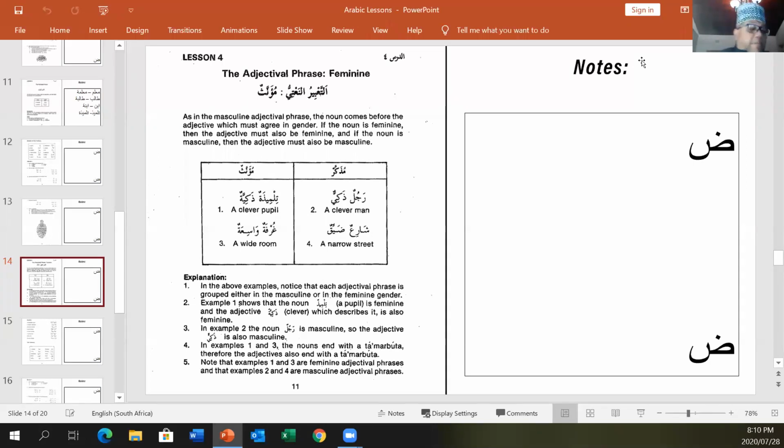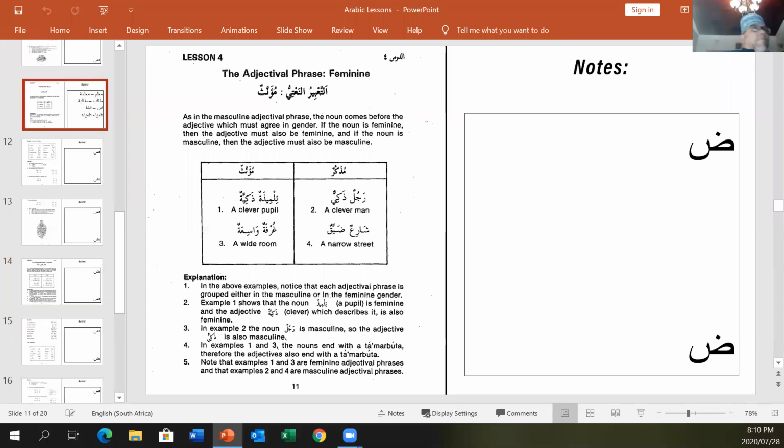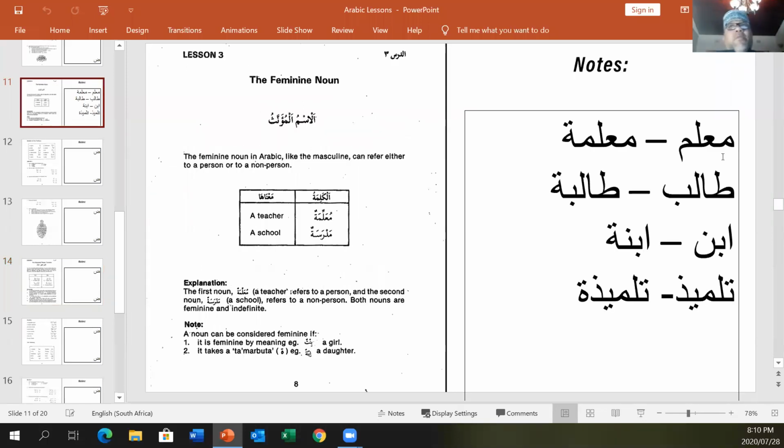As we had mentioned, when we look at mu'allimun and mu'allimatun, if you can see on the board, we had mu'allimun, a teacher, but a male teacher.